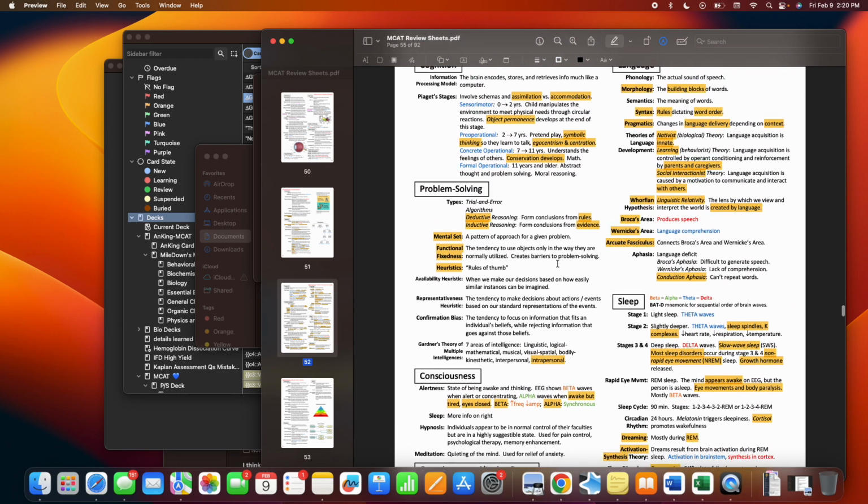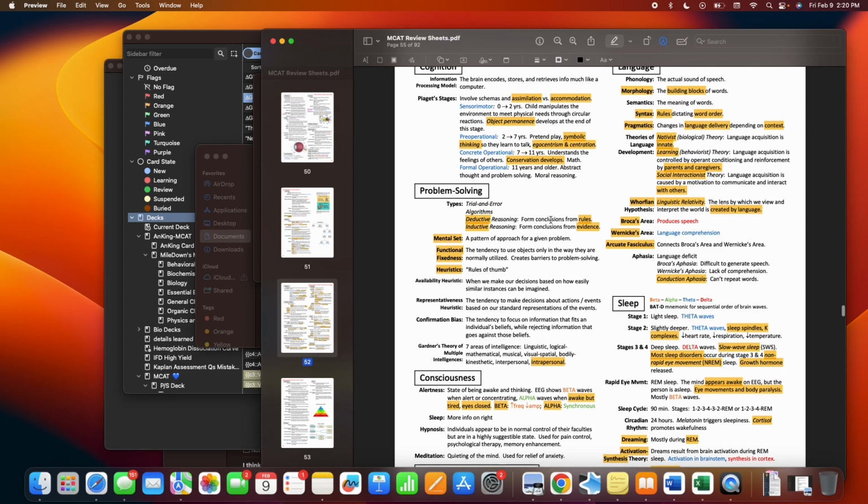And deductive reasoning would be something like mathematics, right? You come up with the rules and you can never be wrong in that regard.